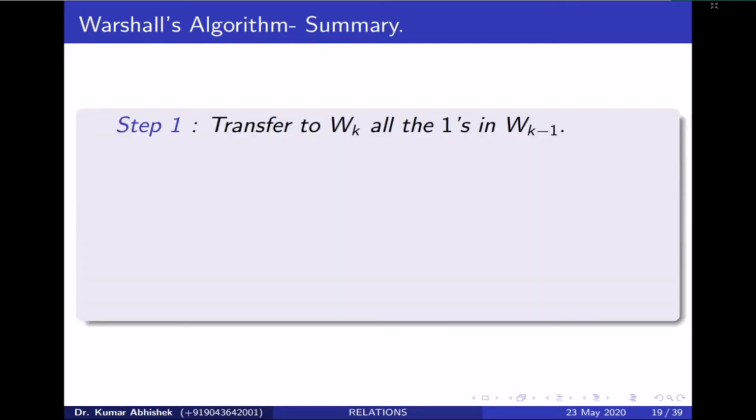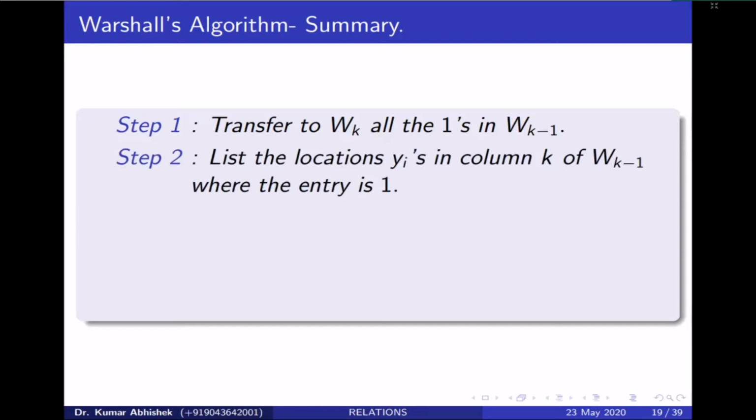So the Warshall's algorithm in summary is that: step 1, we transfer to Wk all the ones in the matrix Wk minus 1. In step number 2, we list the locations yi's in the column k of Wk minus 1 where the entry is 1.